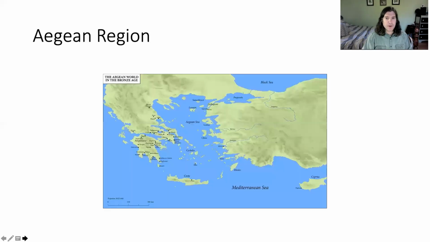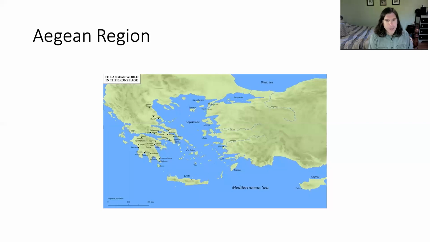All right, so let me go ahead and show you a map of the Aegean region so you can be very clear as to where this is. So you see the Aegean Sea, it sort of separates Asia from Europe. So you've got the Greek peninsula there on the western side, and then Asia Minor on the eastern side.